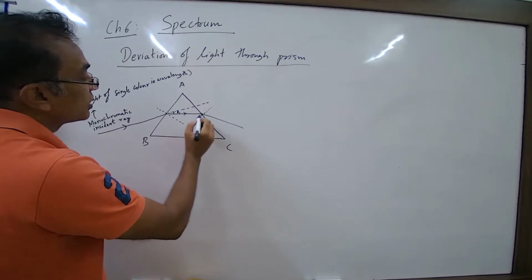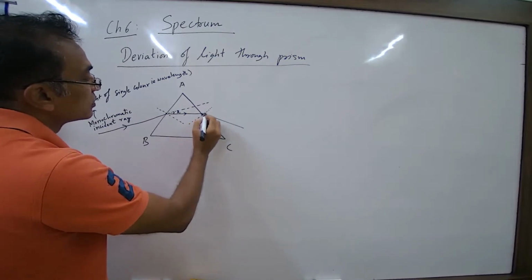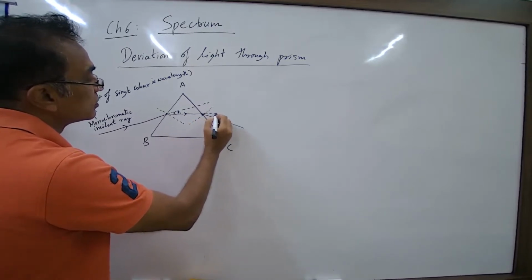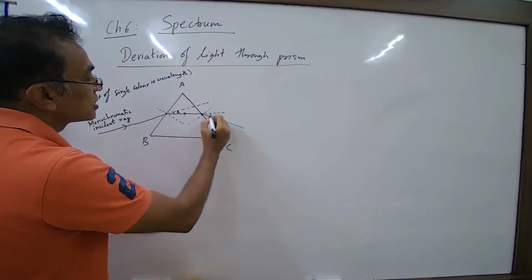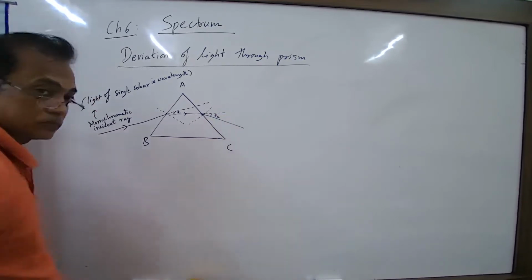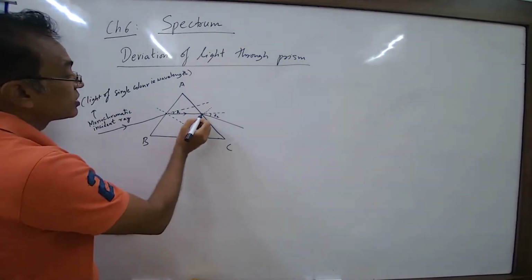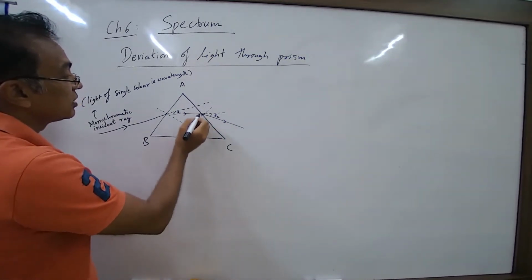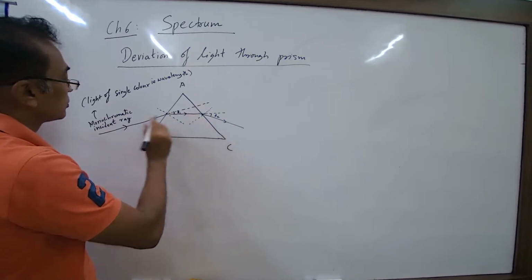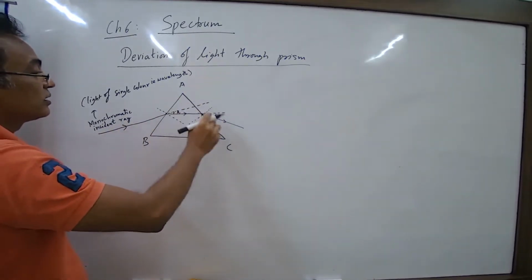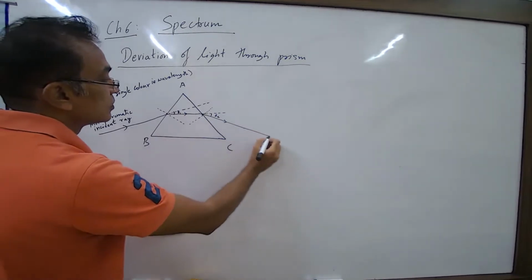So what is the original direction? So this is now delta 2. Okay. So what is the total angle of deviation? So this is the final emergent ray. So this is the original direction, incident ray. This is the emergent ray.